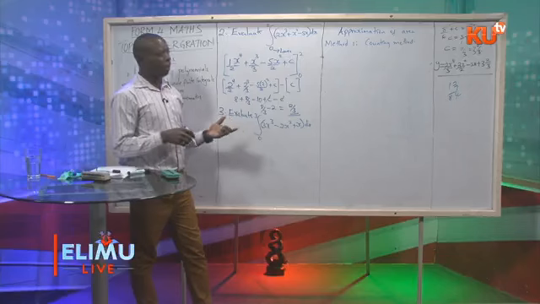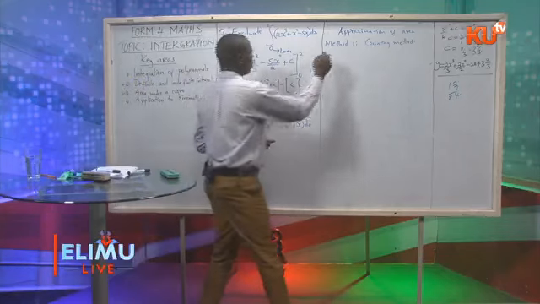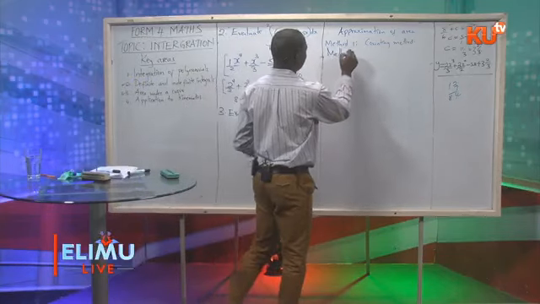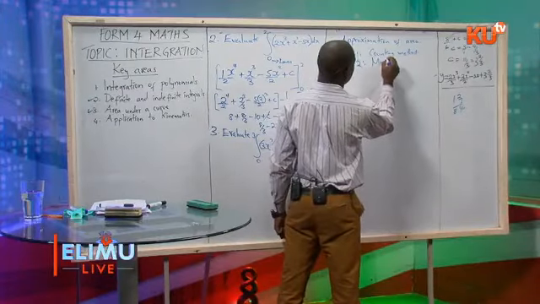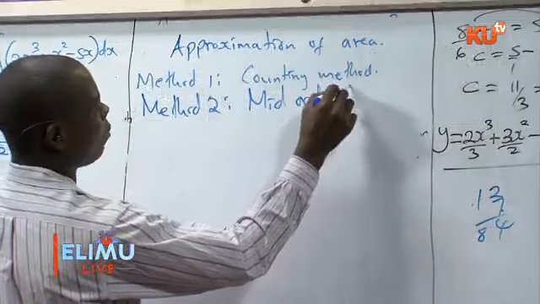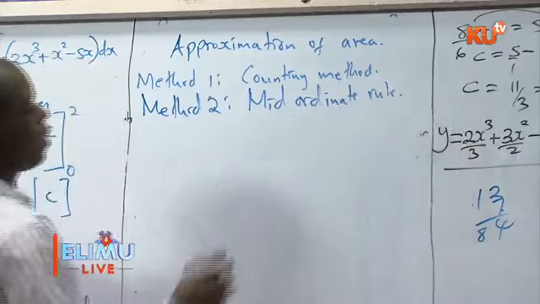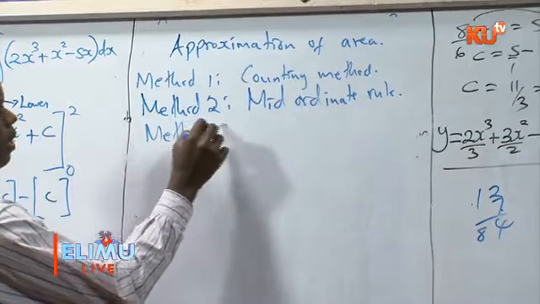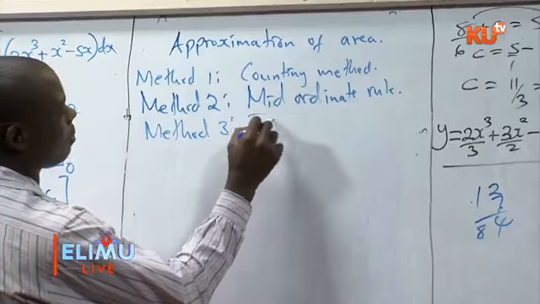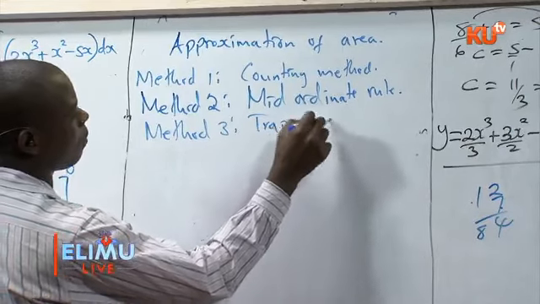That method is covered in Form 1. And so we have method 2, that is the mid-ordinate rule. And then we cover method 3, what we call the trapezoidal rule.